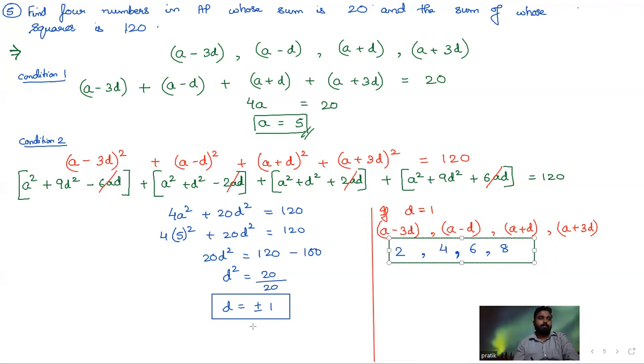In case d is equal to minus 1. The terms are the same, a minus 3d, comma, a minus d, comma, a plus d, and then a plus 3d.